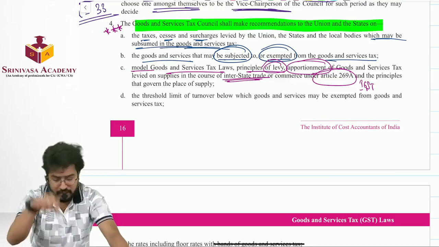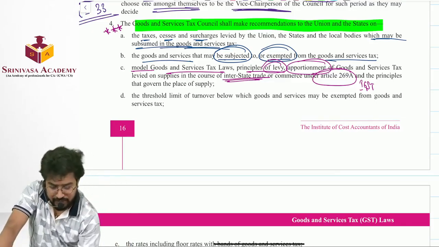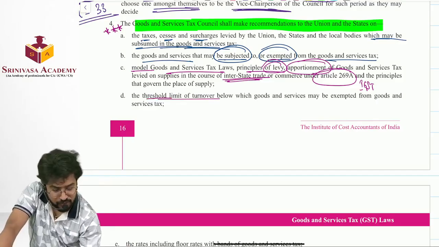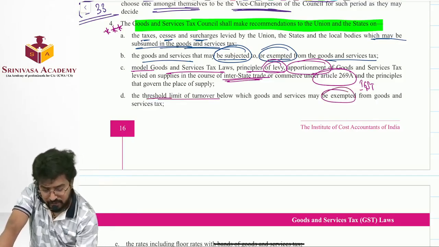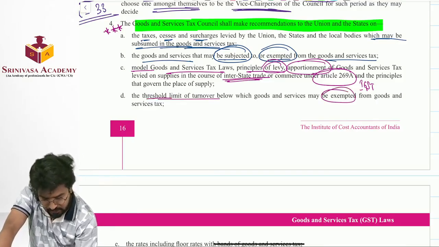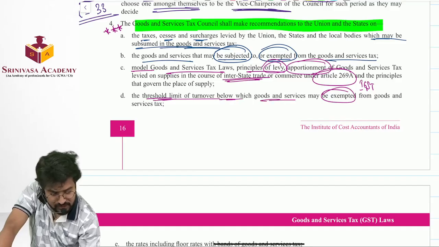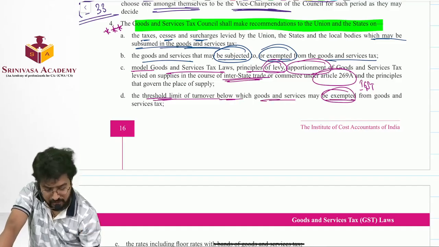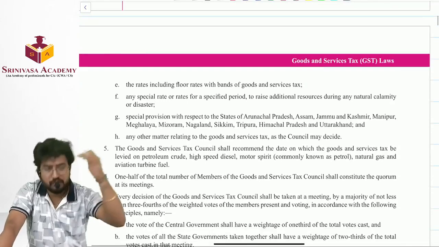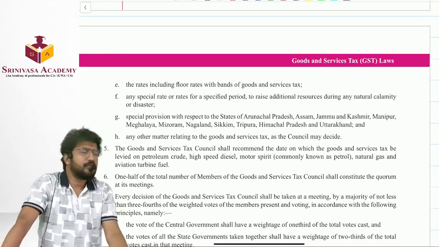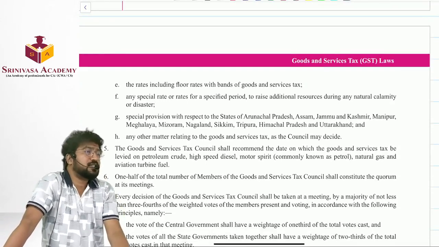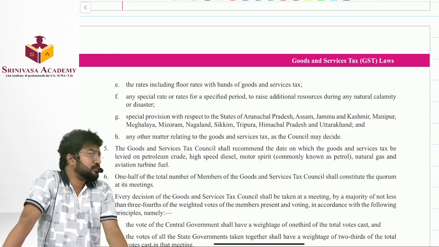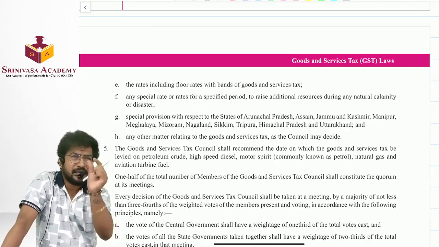GST Council can decide. Next, the threshold limit of turnover for taking exemption from registration, below which goods and services may be exempt. How much threshold limit? For example, do you remember the 50,000 example we have discussed, employer employee? Entry ticket exemption, do you remember?